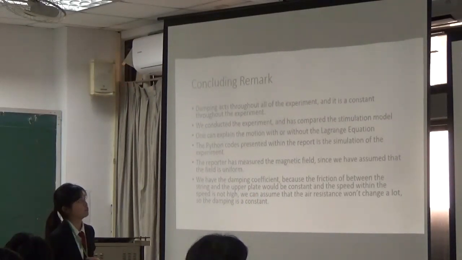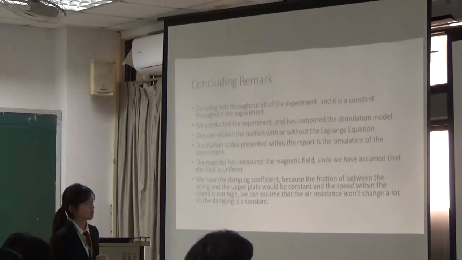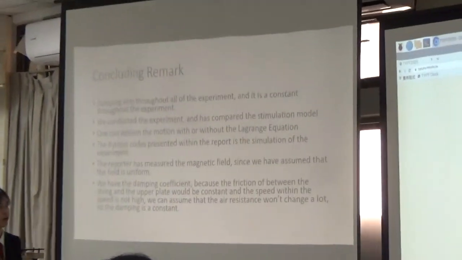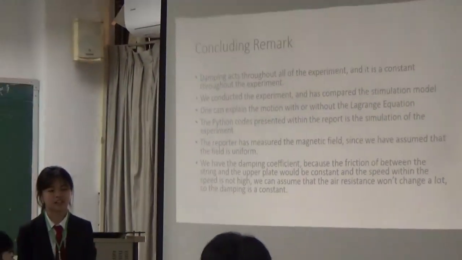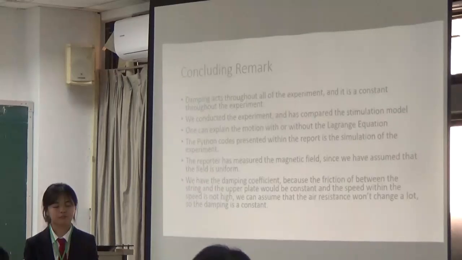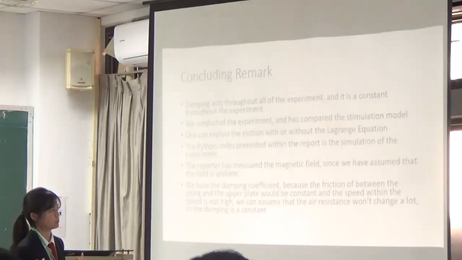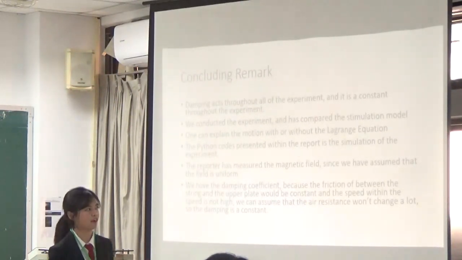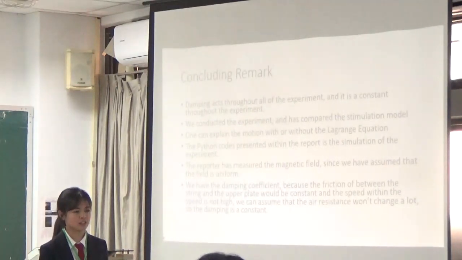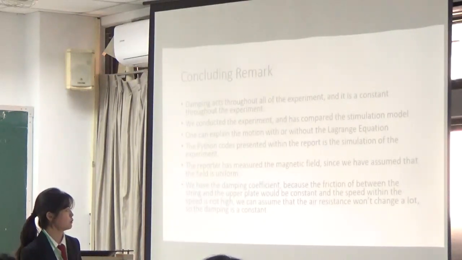One can explain the motion with or without the Lagrange equation, and the Python codes presented within the report are the simulation of the experiment, because we want to neglect other factors that the manual experiment might have. The reporter has also measured the magnetic field, and we drew it into a graph, and we assume that the field will be uniform.